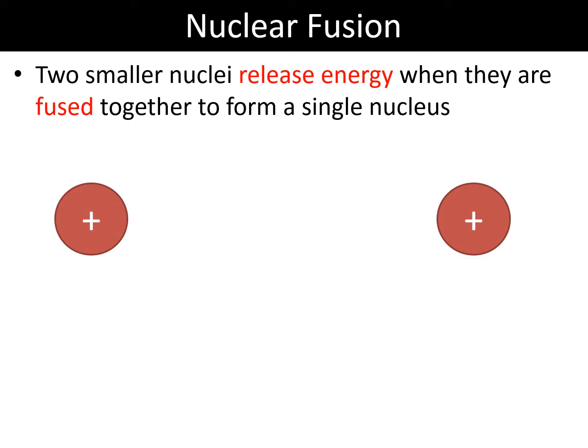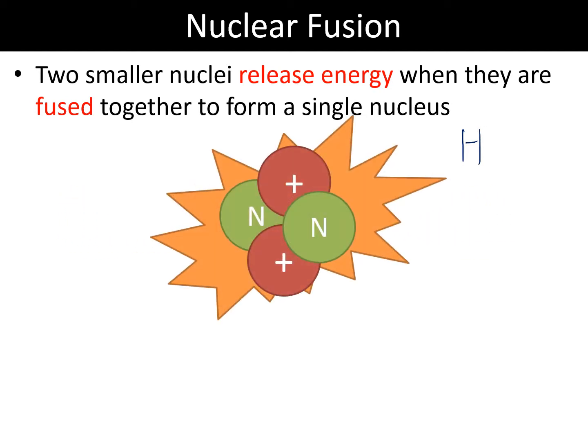Nuclear fusion is when two small nuclei fuse together to form a single nucleus. In this case, we have one proton, which is a hydrogen nucleus, and when they are pushed together with enough force, they will stick together, and what we can end up making is helium.